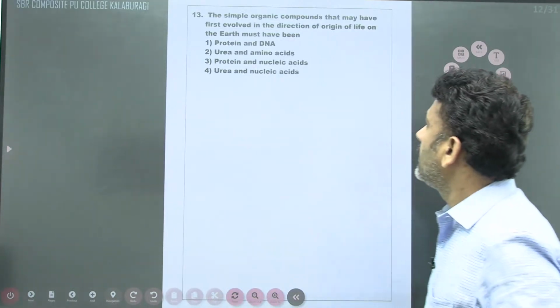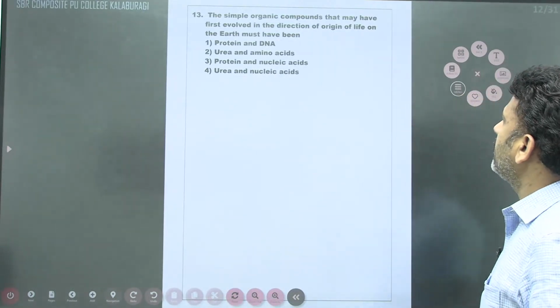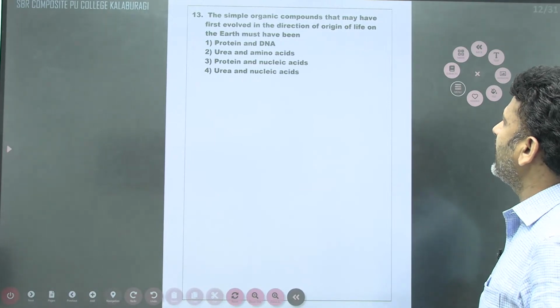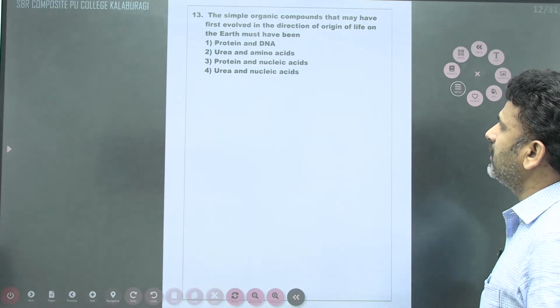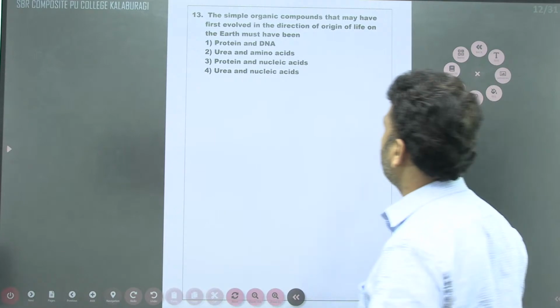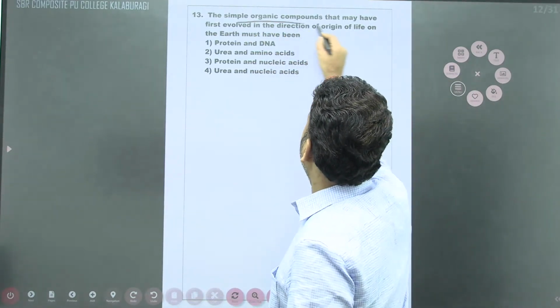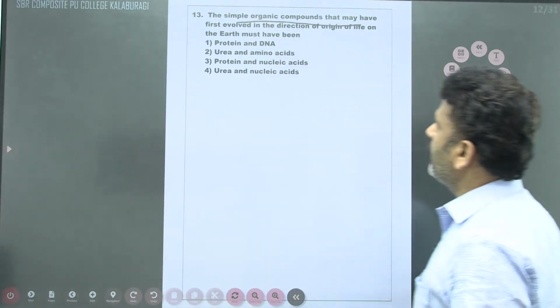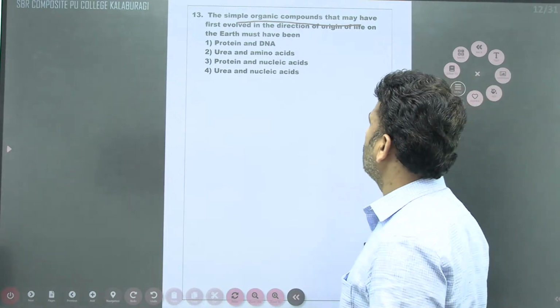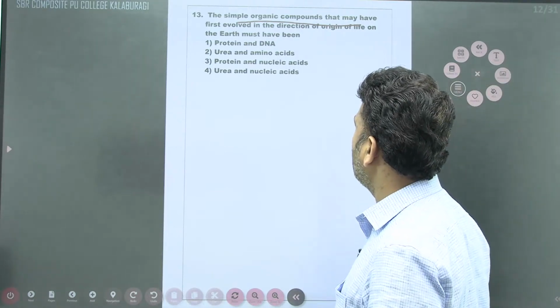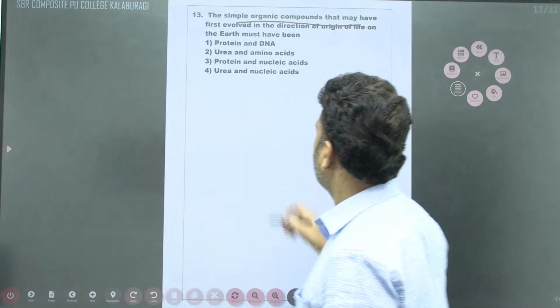Next, the simple organic compounds that may have first evolved in the direction of the origin of life on the earth. These first evolved simple organic compounds might be proteins as well as nucleic acids.